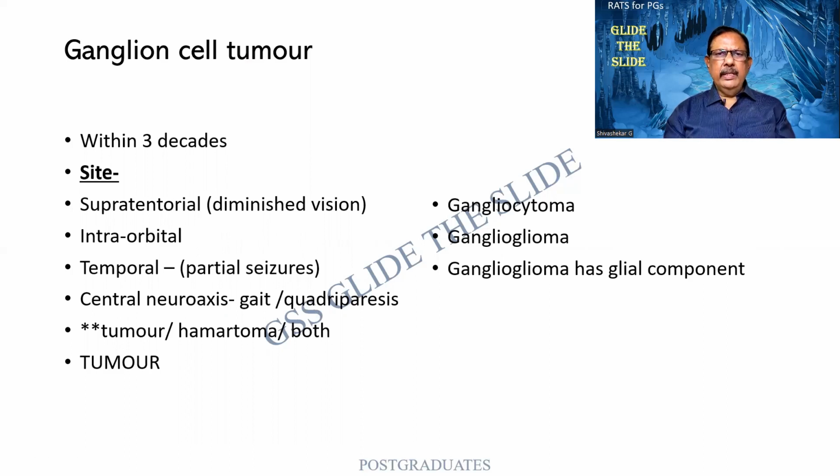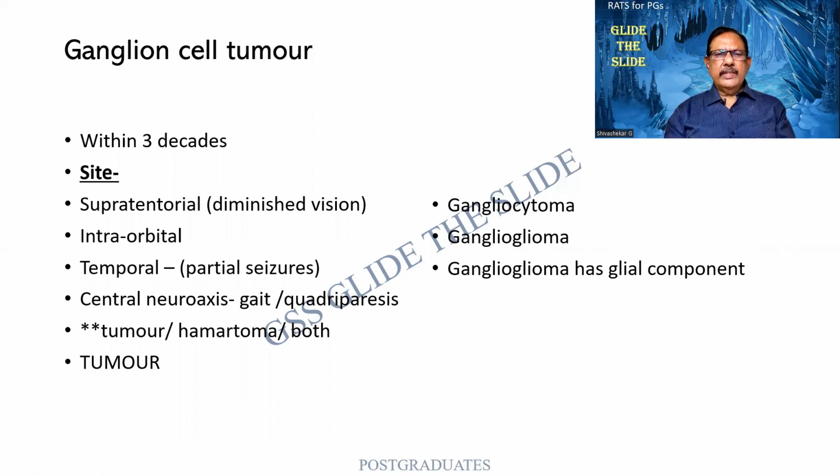Another site can be the temporal lobe, wherein the patient can present with partial seizures. Central neuroaxis along the brainstem and the spinal cord cannot be exempted. Therefore, there can be a difficulty in gait or a quadriparesis. So this is the site and the presentation.